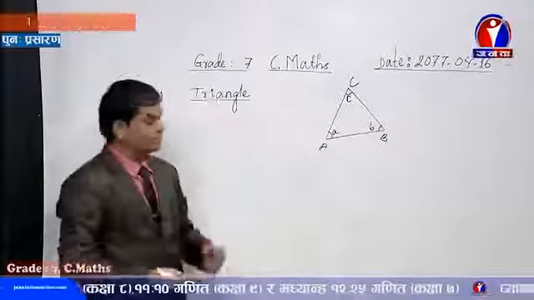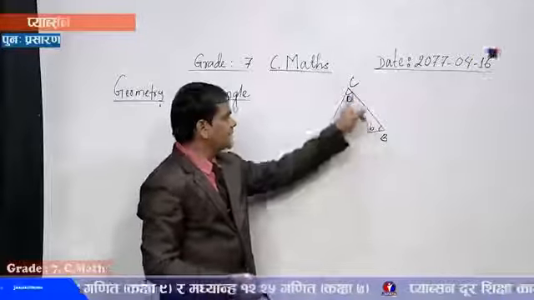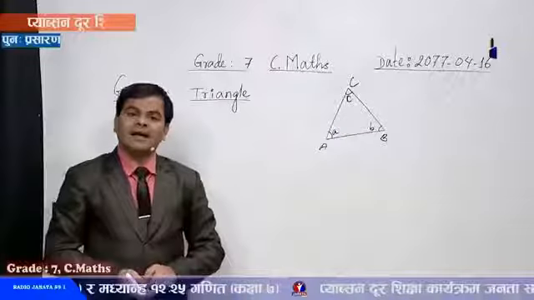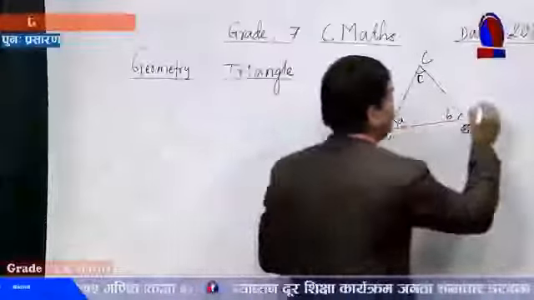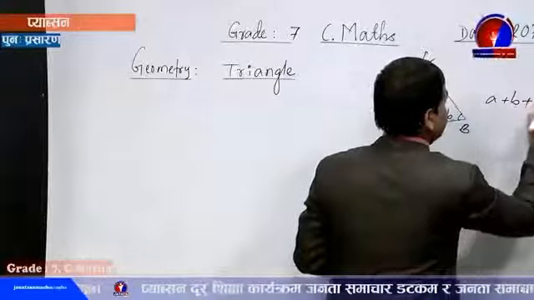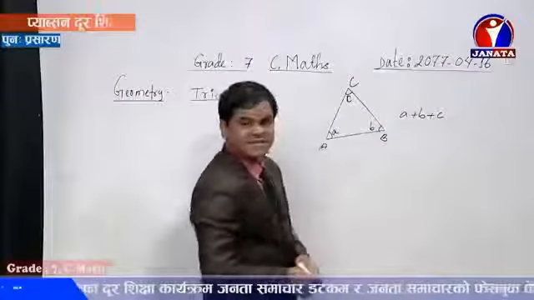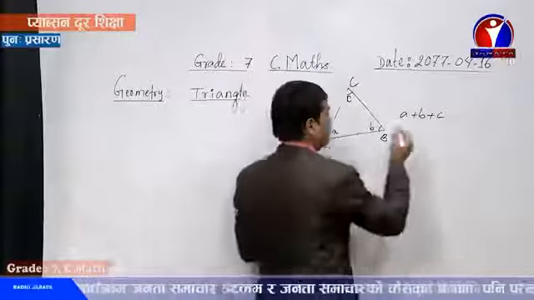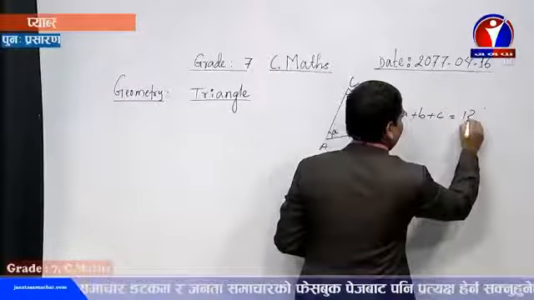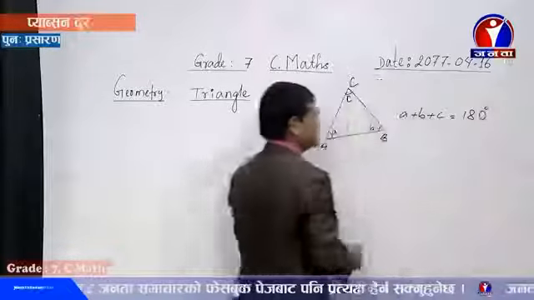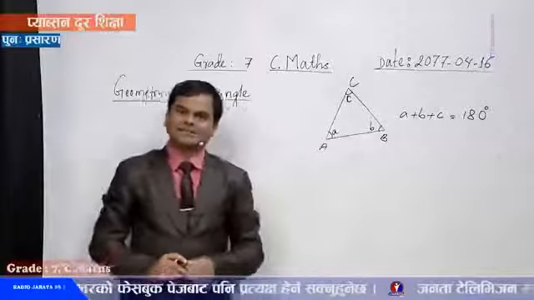When we use the protractor to measure the three angles of the triangle, their sum, a plus b plus c, becomes how many degrees? 180 degrees, isn't it? 180 degrees.